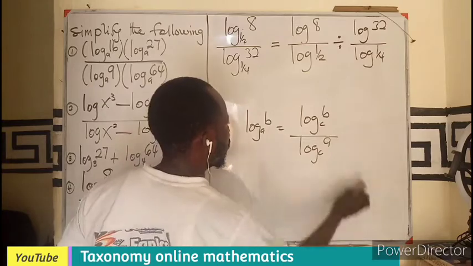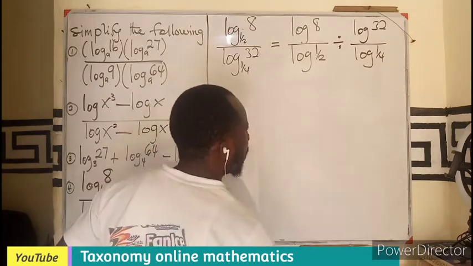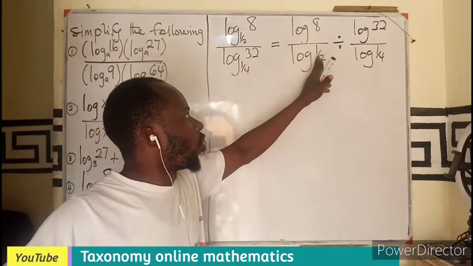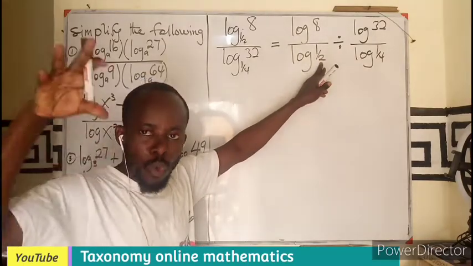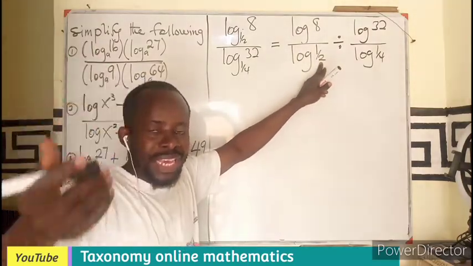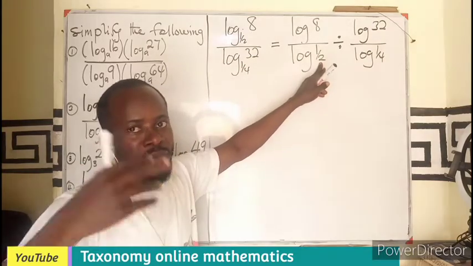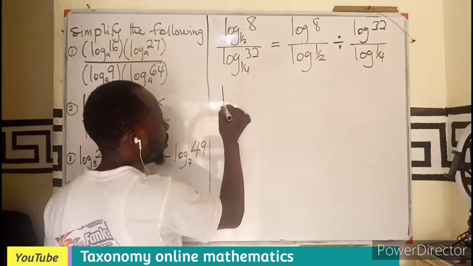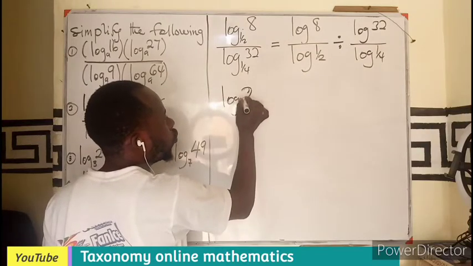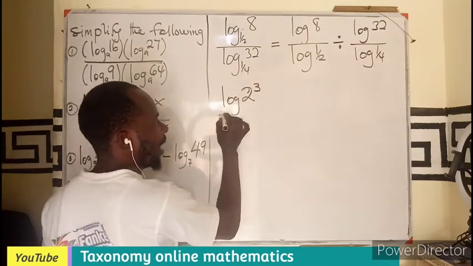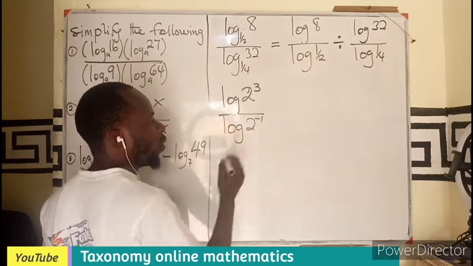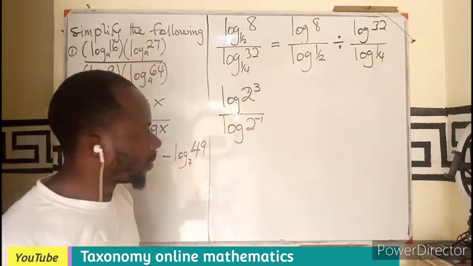Alright. In that case, I will now simplify this. This is not a base but a fraction, 1 over 2, which can be turned into an exponent of negative what? 1. This will be log 2 exponent 3, which gives me my 8. Log 2 exponent what? Minus 1 gives you half.